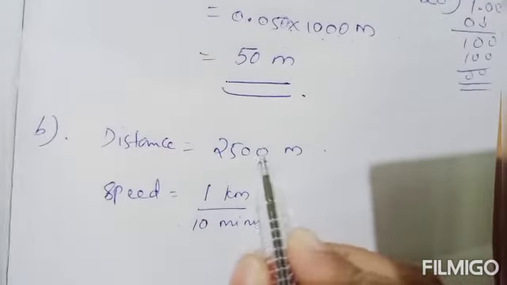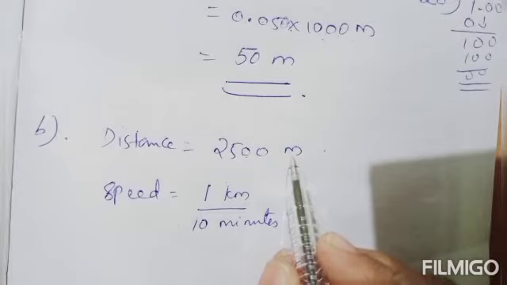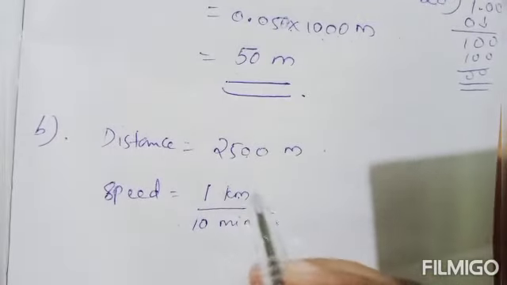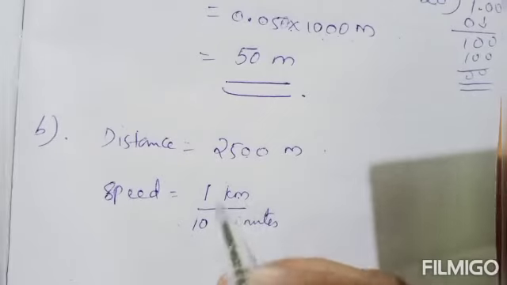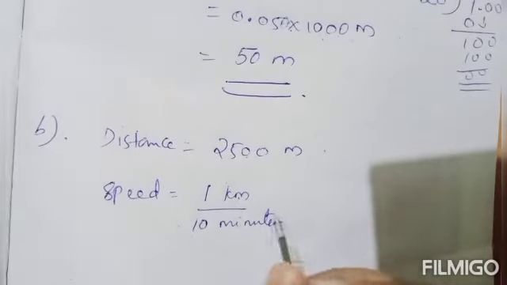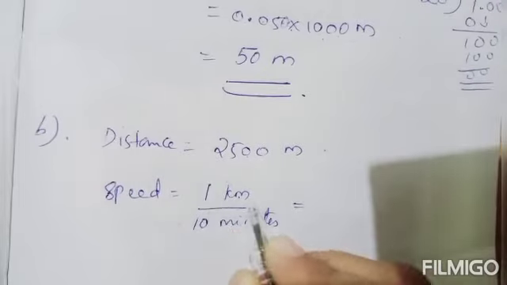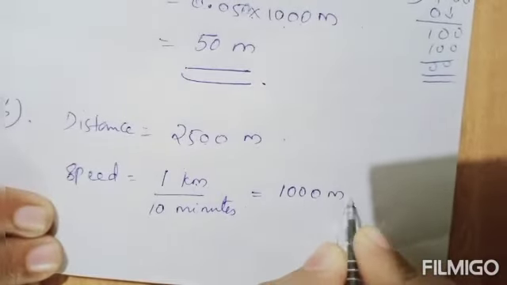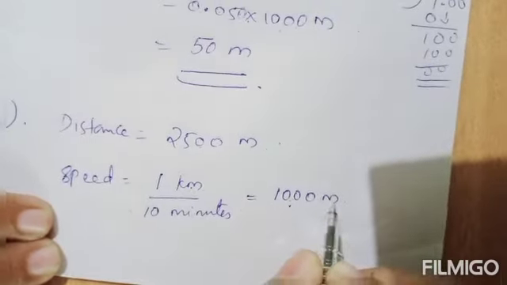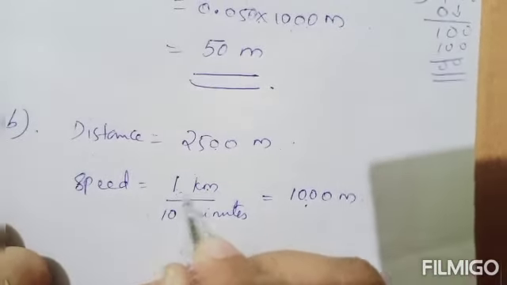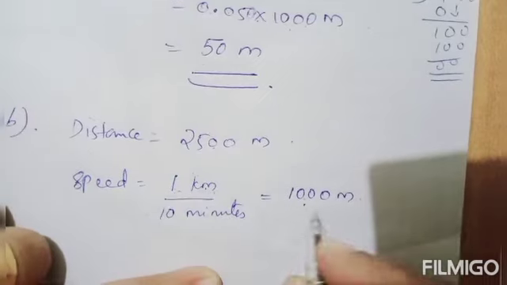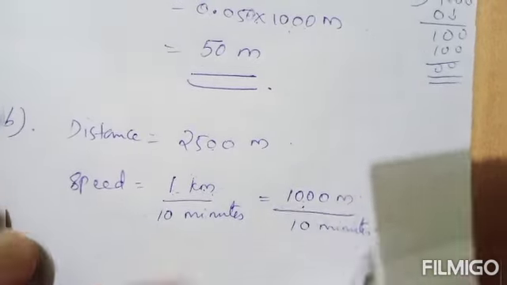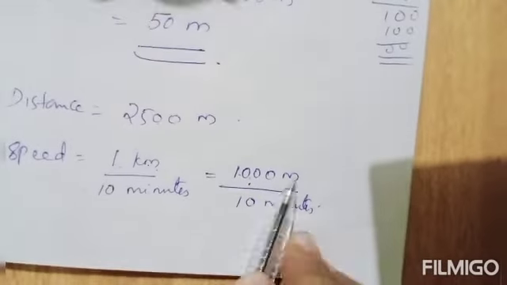Okay, now here distance is in meter, speed is in kilometer per minute. So this kilometer, let us convert this to meter. Okay, 1 kilometer, you know, is 1000 meter. So in place of this 1 kilometer, we can write 1000 meter per 10 minutes.